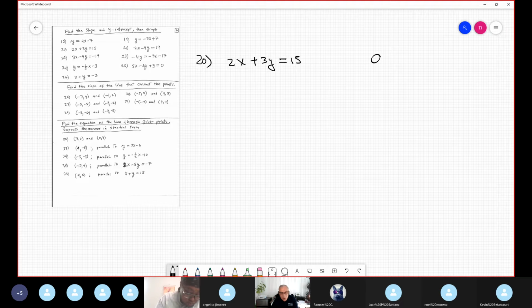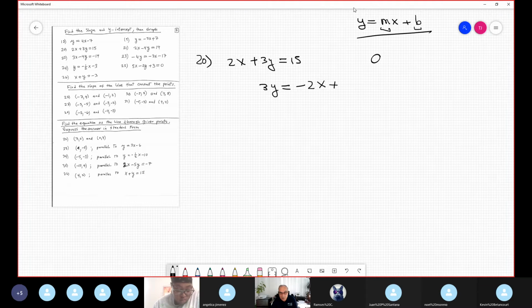You isolate the y because this allows me to express the equation in slope-intercept form. Okay, it's comfortable to see the slope and y-intercept. So let's move on. 3y stays here. I move 2x to the right-hand side, but I change the sign. I put it in the first place because I want the new equation to look similar to this.